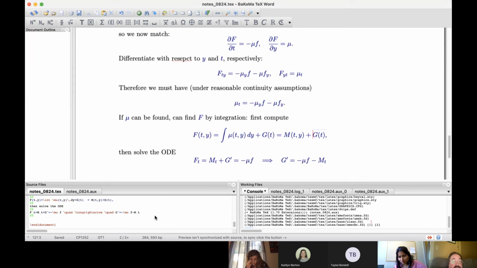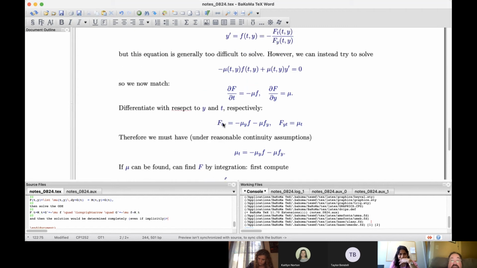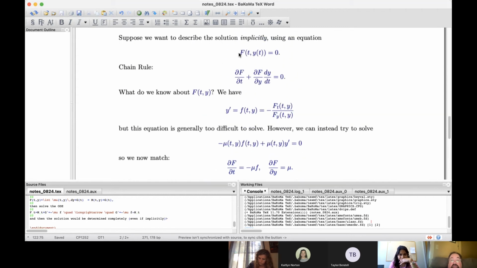Because then I'd have a function capital F that would describe my solution.